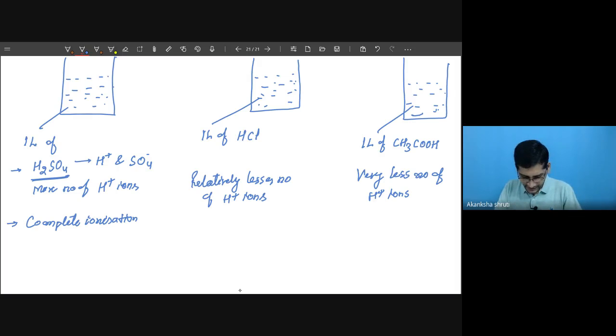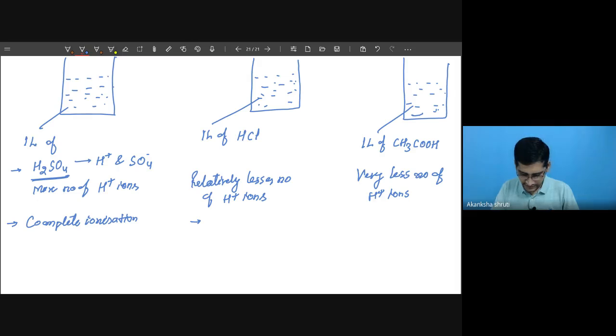But if I consider the second one, here it is also almost complete, but not as much as H2SO4 can do. So such a substance or such an acid which can ionize to a lesser extent or to the least extent is called a weak acid.